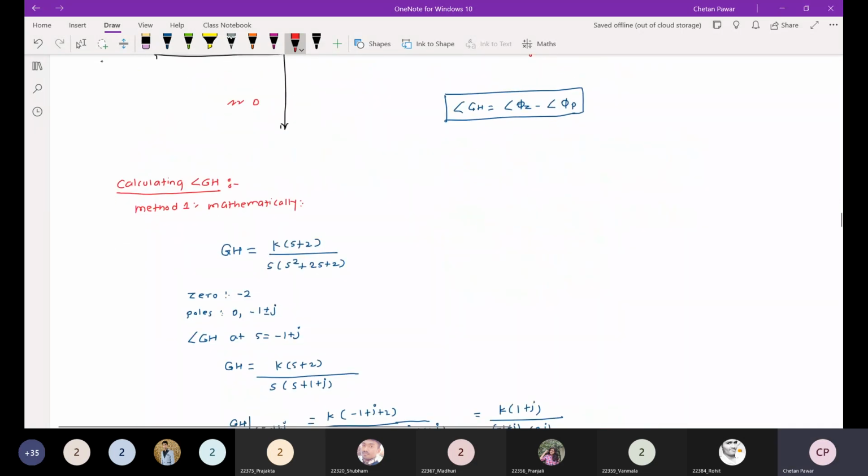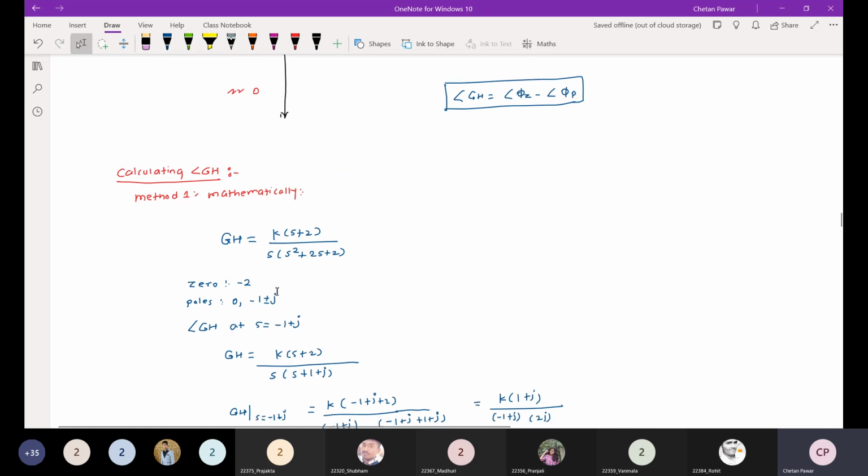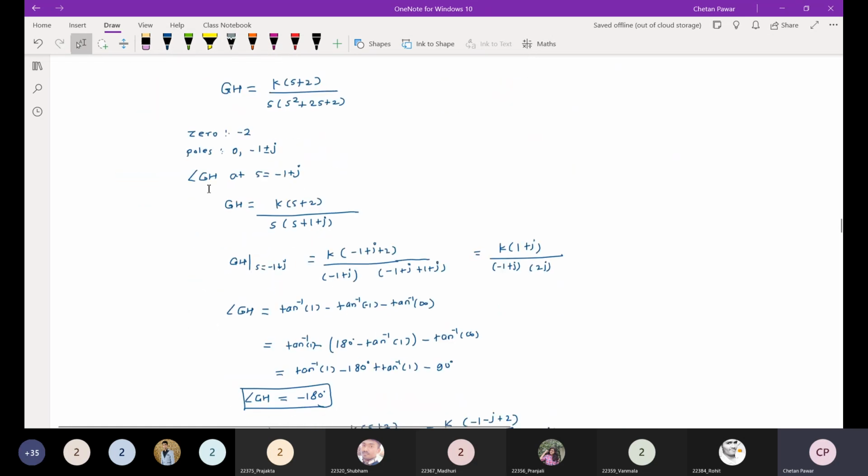As we know, if you want to calculate the angle of GH at any point, you just need to put that point into GH. Suppose I want to find the angle of GH at -1 plus j. Here the complex poles are located like this.